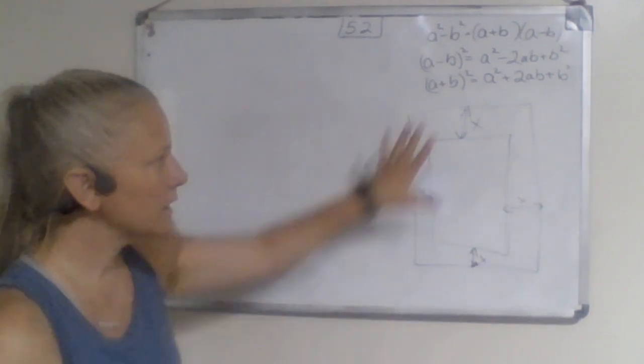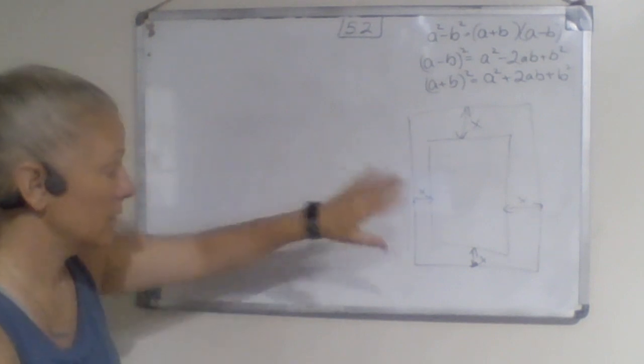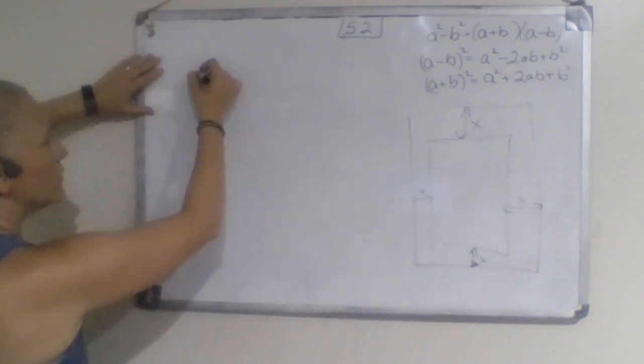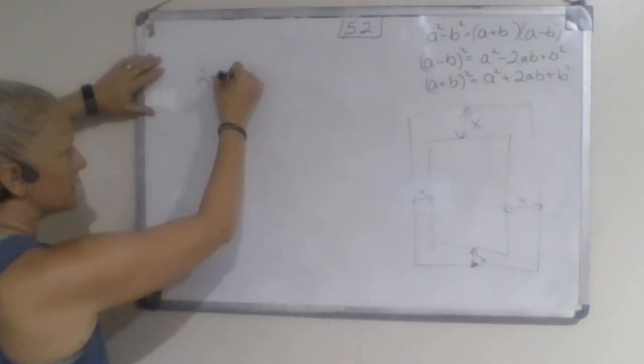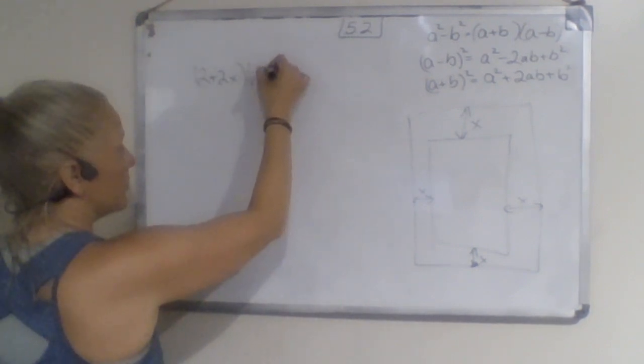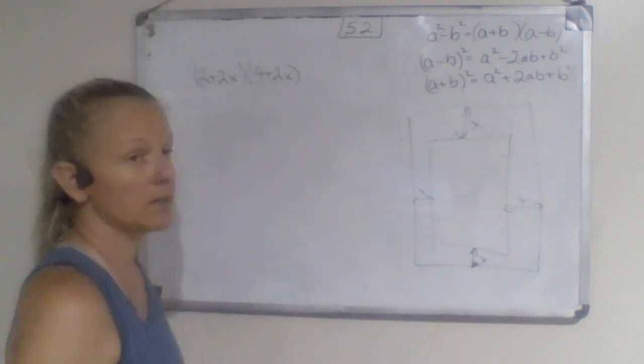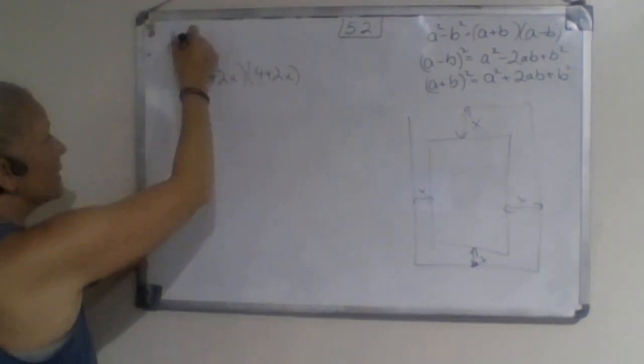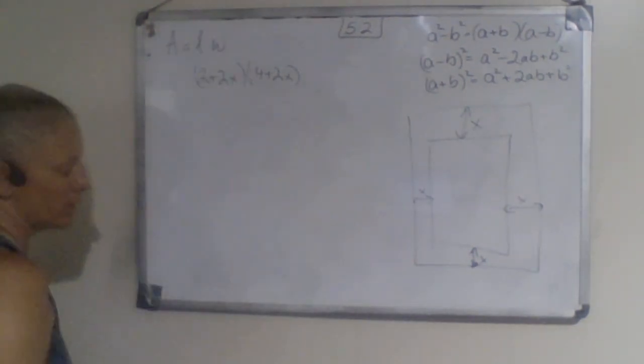Right? So if I think of this area, the big thing is going to be 2 plus 2x, this is my width, times 4 plus 2x, this is my length. Area of a rectangle, if you remember, is length times width, right?